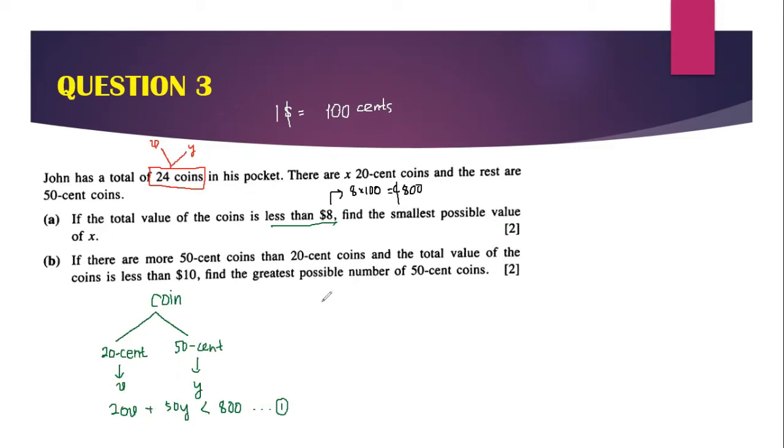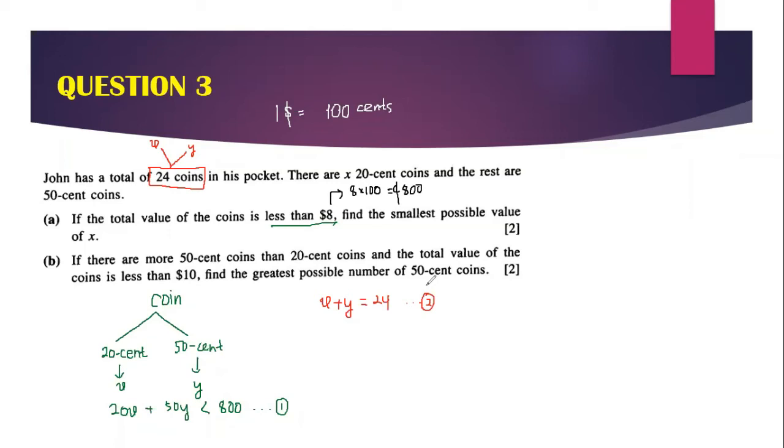So we can define that X plus Y equals 24. This is the second step. John has a total of 24 coins in his pocket, means X plus Y equals 24.